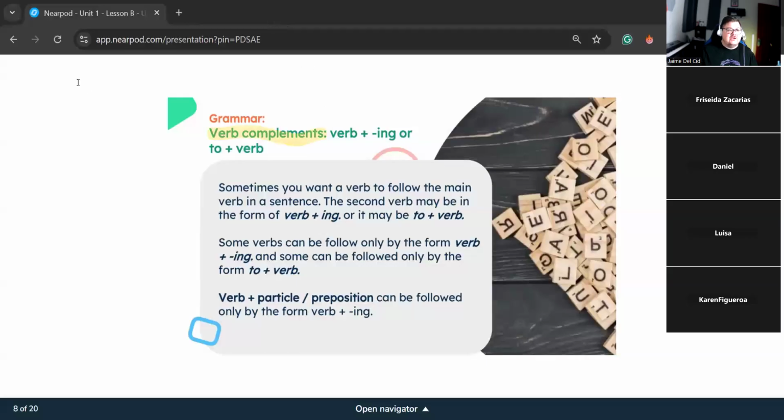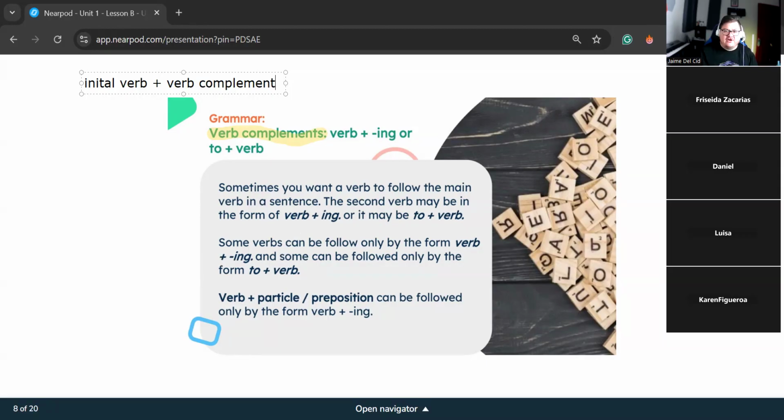So you have your initial verb, and you have another verb that is a verb complement. And we normally have these kinds of verbs to try to explain something, right?